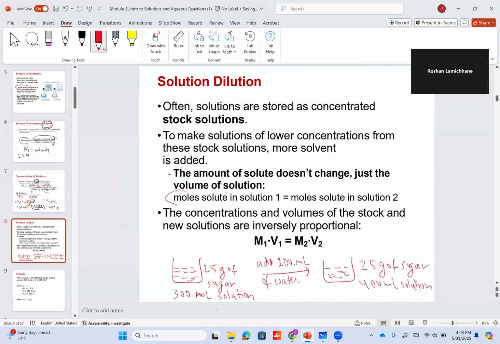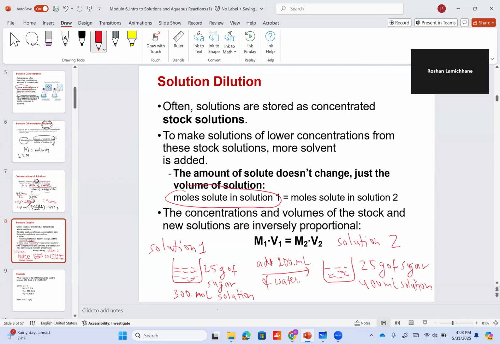Meaning that the moles of solute in solution 1, let me call this solution 1, right? This is my solution 2, is going to be equal to the moles of solute in solution 2, meaning 25 grams of sugar in solution 1, 25 grams of sugar in solution 2, right?